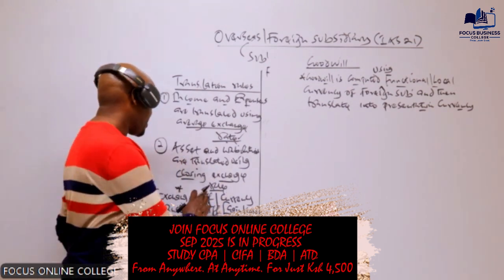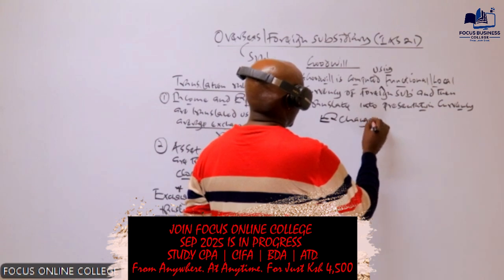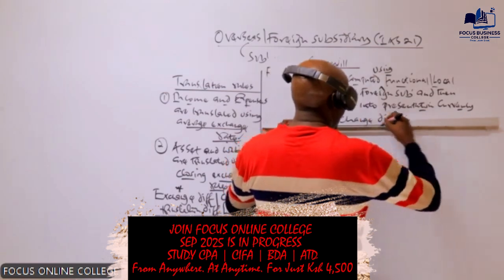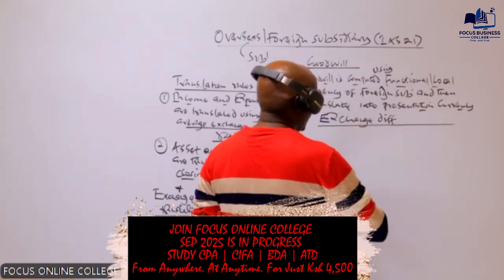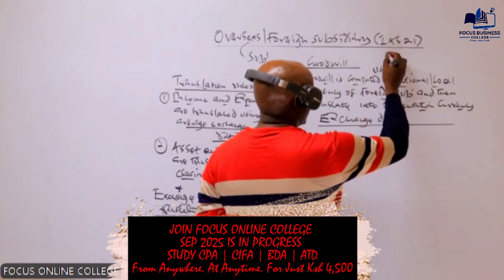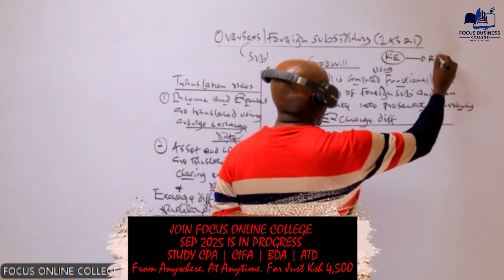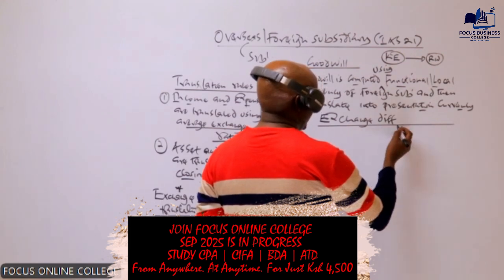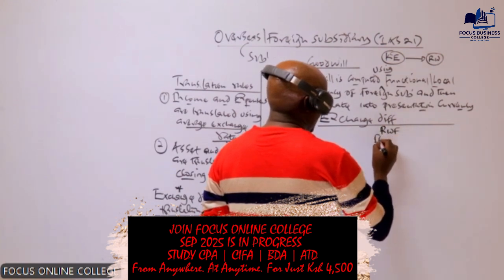How do we compute that exchange difference? I want us to look at how we compute the exchange difference arising from the translation of goodwill. For us to determine this, we need a number of columns here. In this case, I will assume our parent company operates in Kenya, but the foreign subsidiary operates in Rwanda. So here we have the local currency of the foreign subsidiary, assuming it is Rwandan franc.